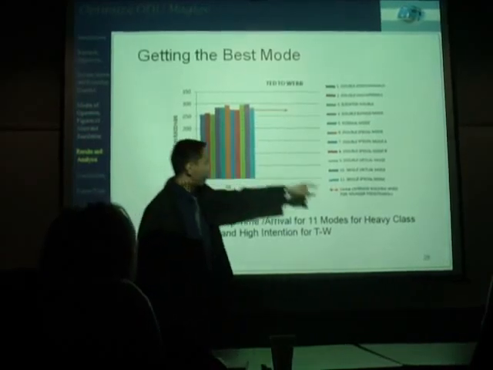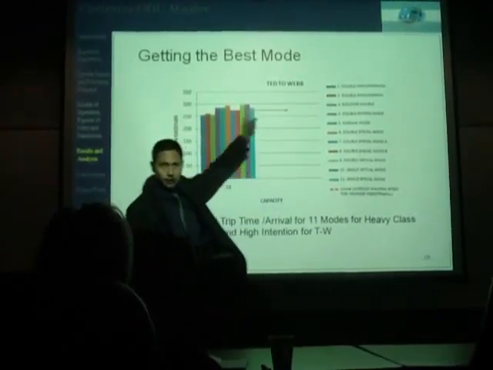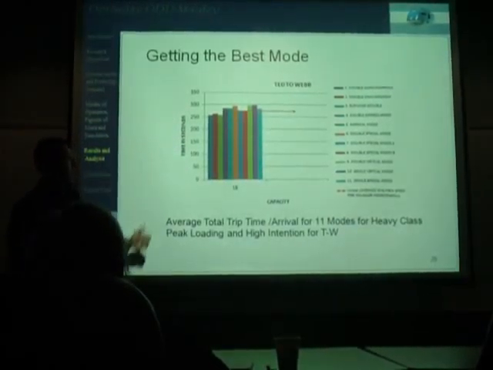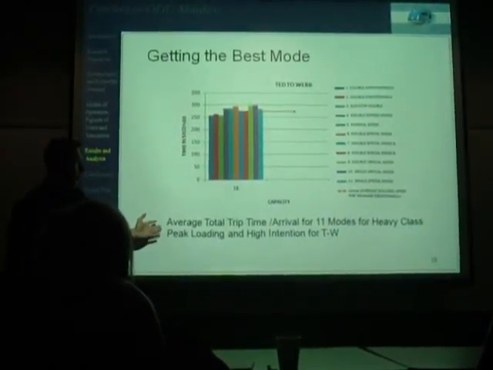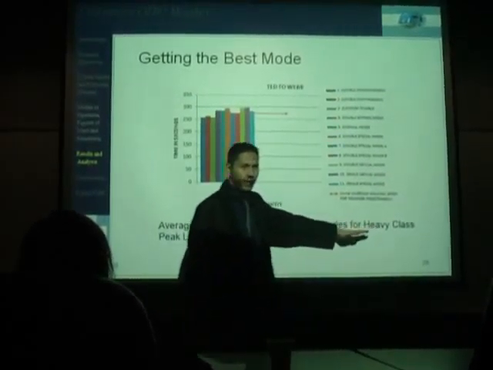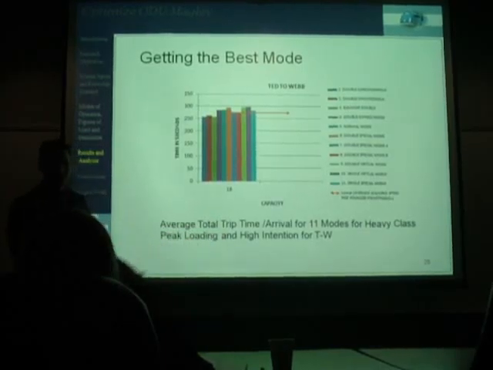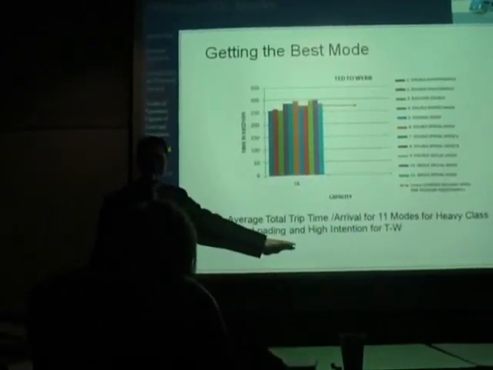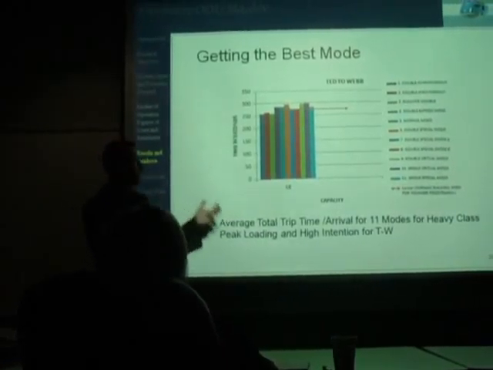You can see here the average walking speed, the red arrow. It's approximately 274 seconds. And so I simulated heavy demand, the heaviest demand, the highest intention, meaning highest demand.